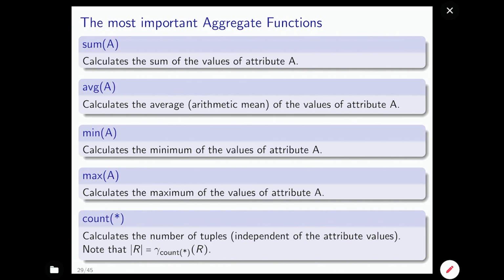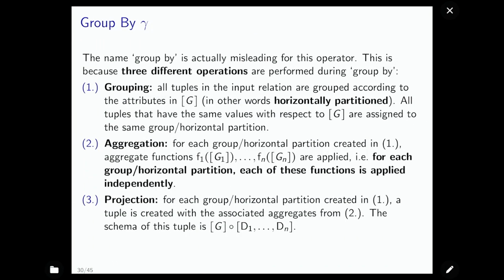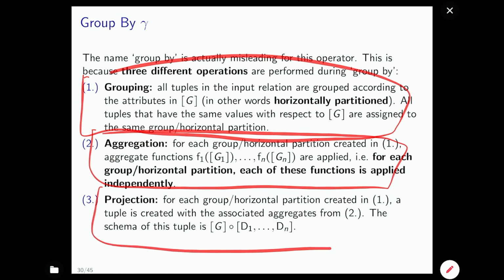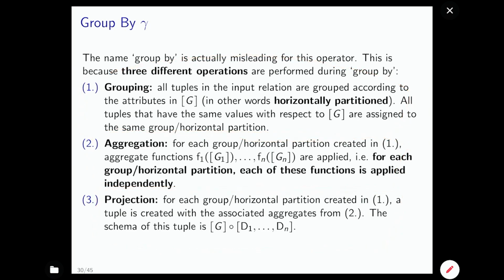So you can use as many of those aggregation functions as you want in a single statement. So build those partitions. For each partition, call the aggregation functions. And then third, project the result of the aggregation plus other attributes to the output. And I think now it's time to look at some examples.